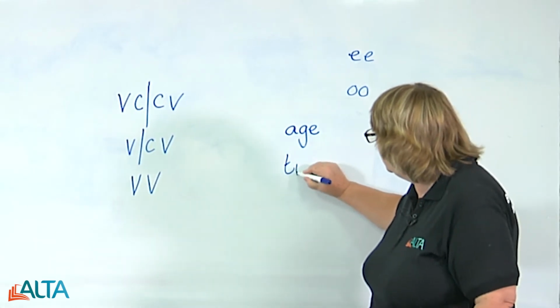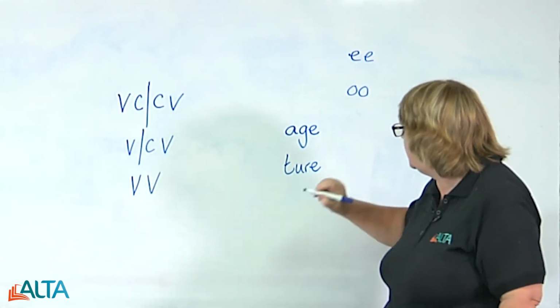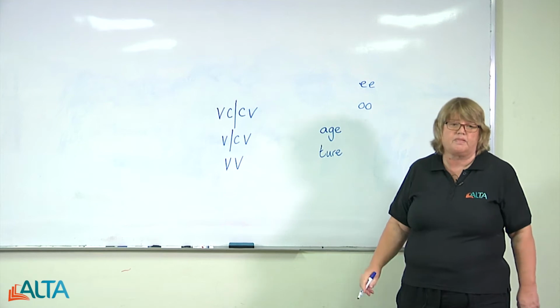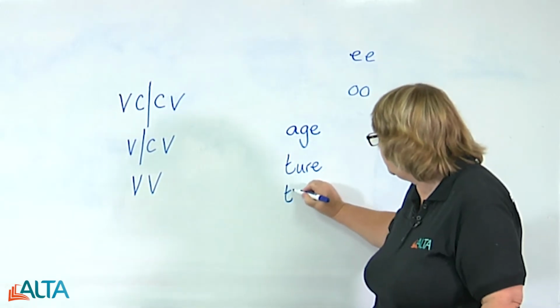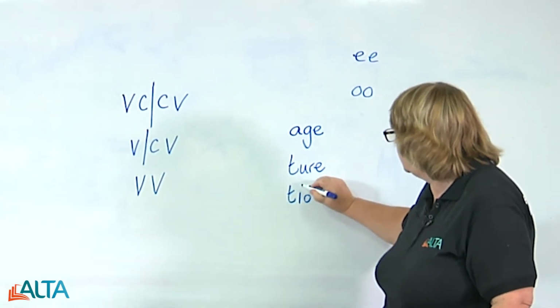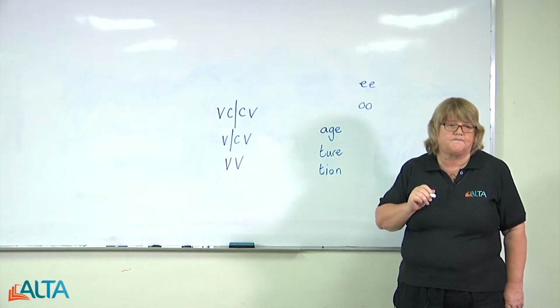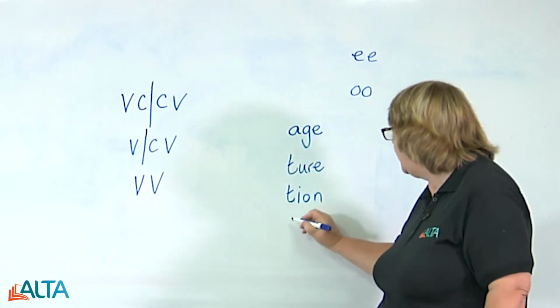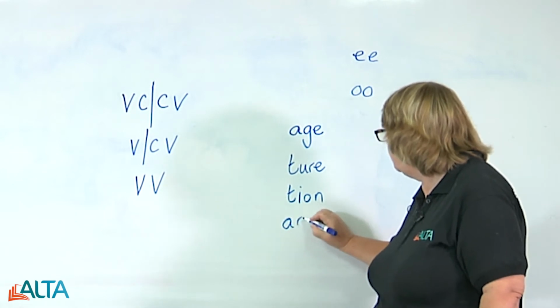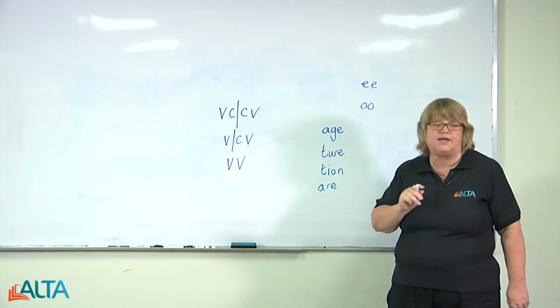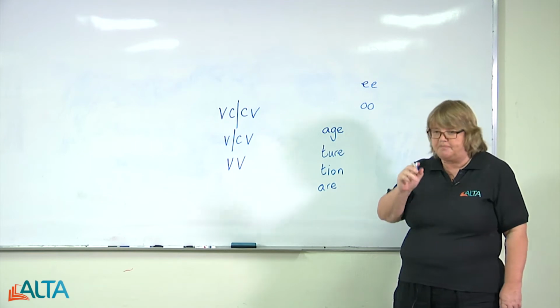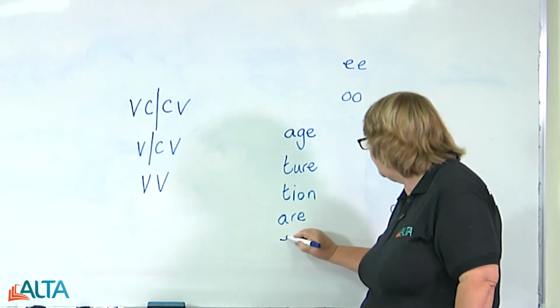Very good, picture. Any others? Station, shun. Right. Any others? Very good, square, air. And what about the phonic we learned in class today? Bare, air. Okay.